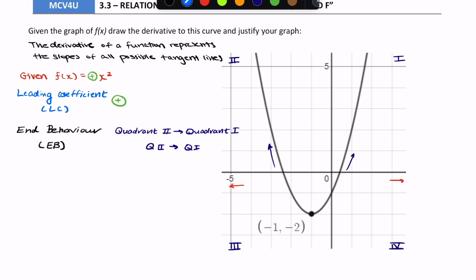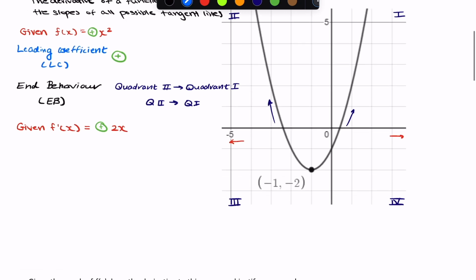What happens if we're looking at the f prime of x function? Let's say we're given f prime of x equal to 2x. Here we see that our leading coefficient is still positive.